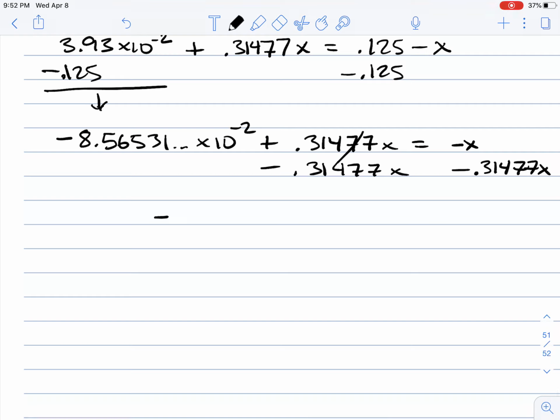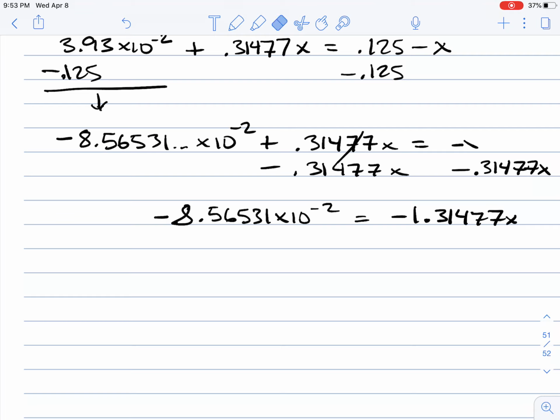Okay. So that's going to be negative 8.56531 times 10 to the negative 2, which equals negative 1.31477x.